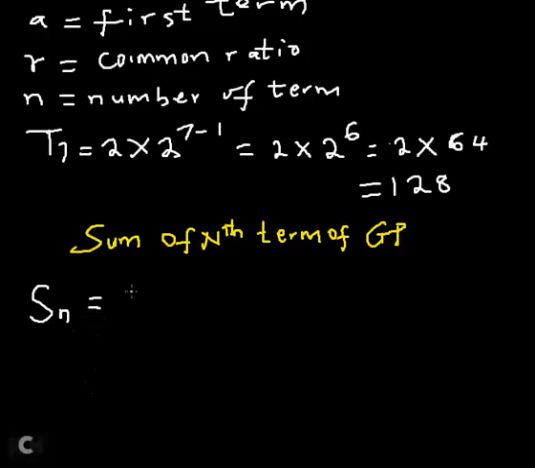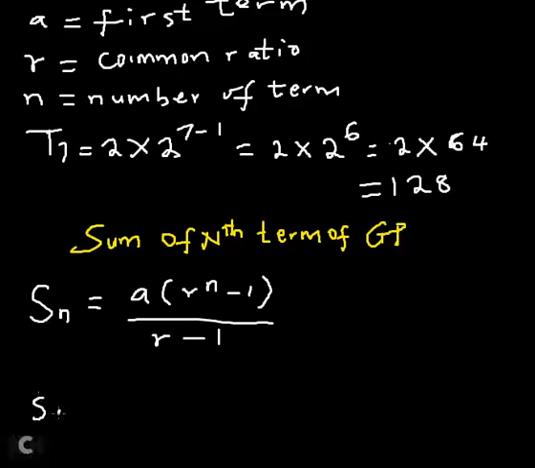All right, now I'm going to give you the two formulas. Xn is given as A, bracket open, R raised to power n minus 1, bracket close, all over R minus 1. This is one formula, okay?